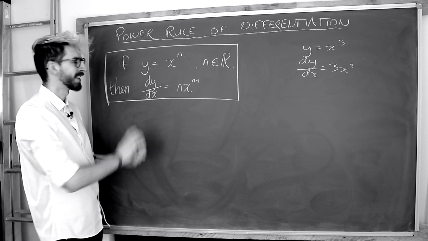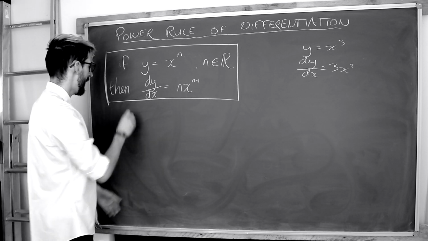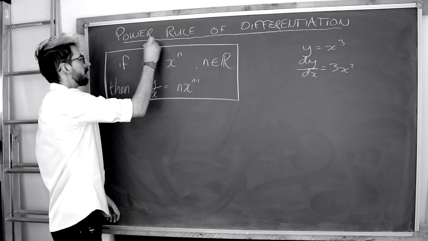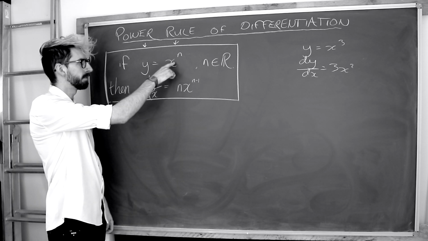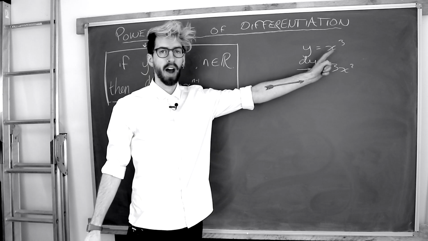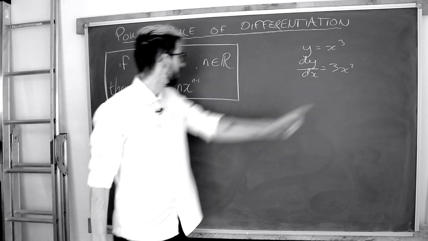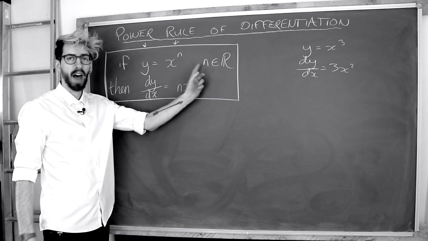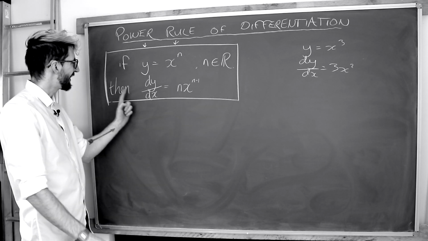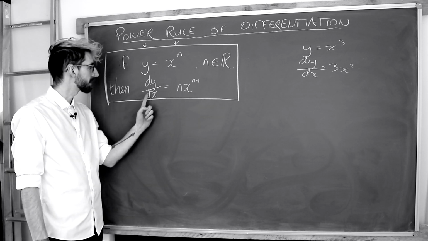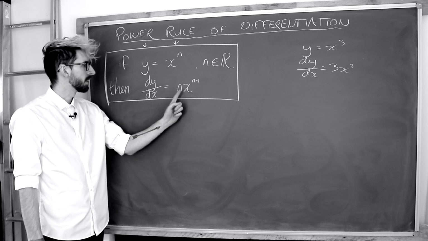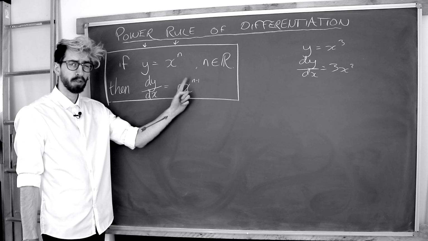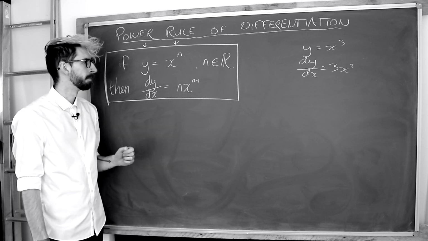Okay, this is it. This is the power rule. If y equals x to the power of n, a little bit like our x to the power of 3, x cubed, then, right, that n could be any real number, by the way, then dy by dx, our gradient function, is n times x to the power of the original n, but minus 1.